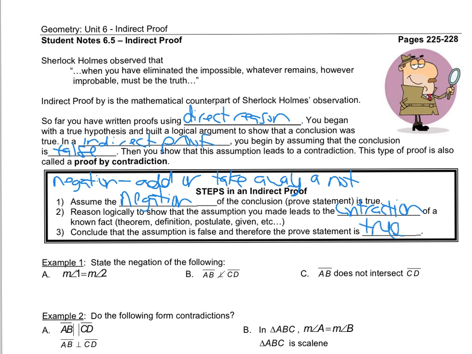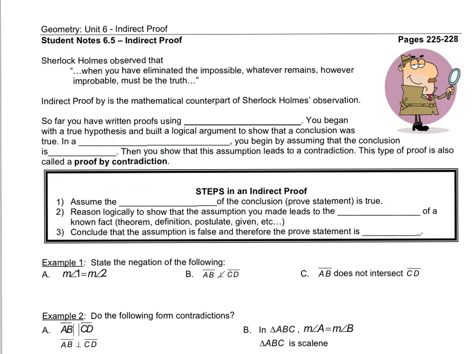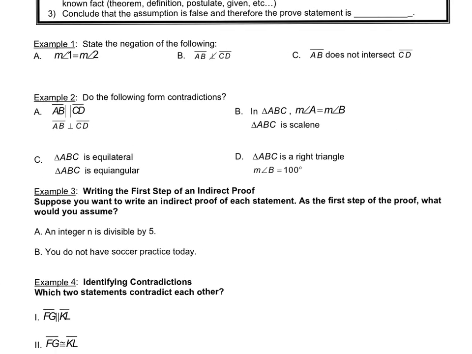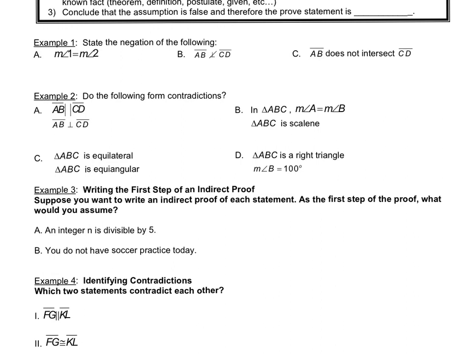So before we do an indirect proof, let's review some examples of negation. Example 1 says, state the negation of the following. And remember, negation means all you're doing is adding or taking away a not. So example 1, the measure of angle 1 equals the measure of angle 2. So negation is the measure of angle 1 is not equal to the measure of angle 2.